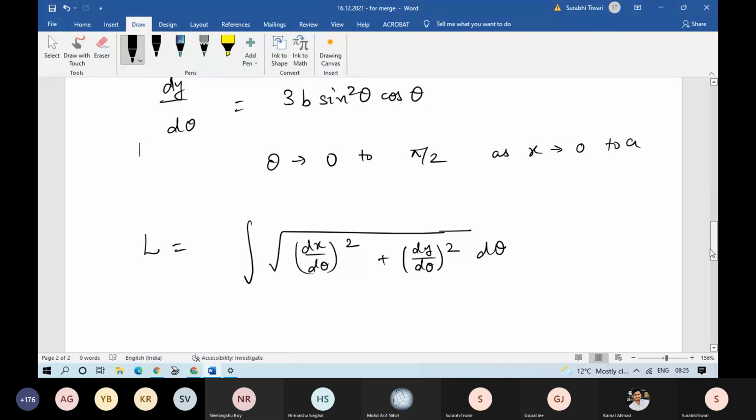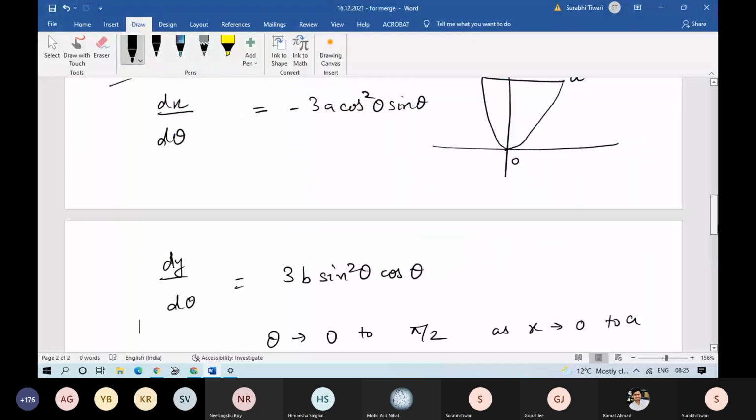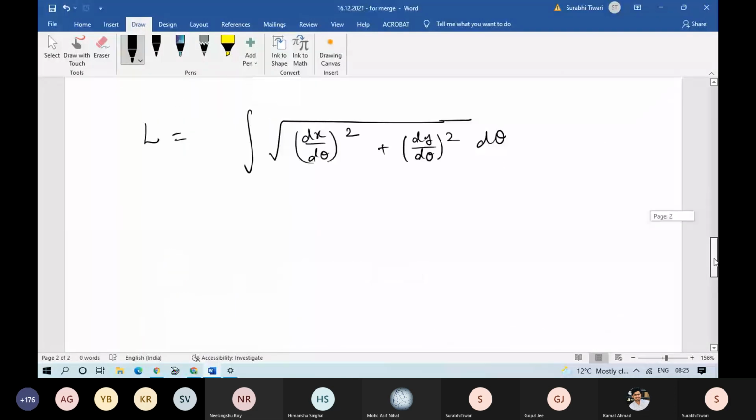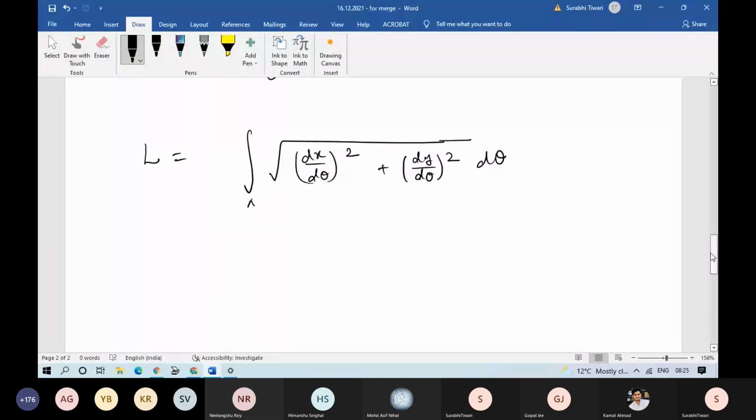From x is equal to 0 to x is equal to a. So x is equal to 0 when theta is pi by 2, and x is equal to a when theta is equal to 0. So this is varying from pi by 2 to 0.